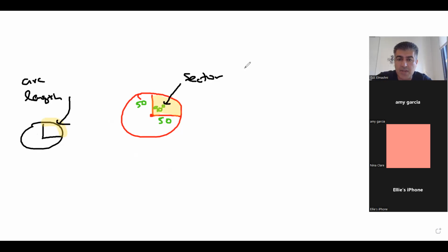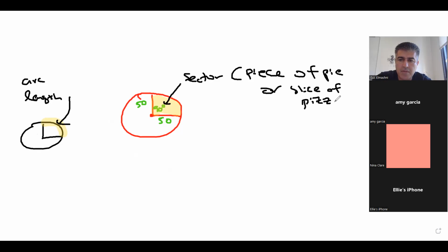But this is a sector. A sector is kind of like a piece of pie, or a slice of pizza. Think of it like that. And so I want to find that area.